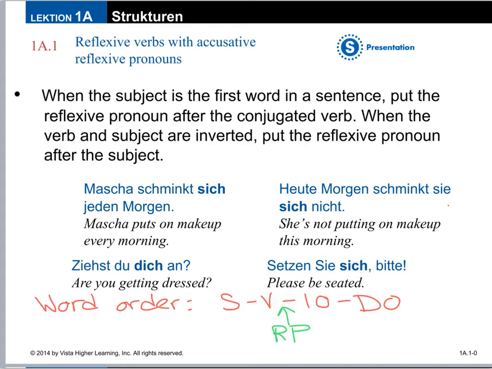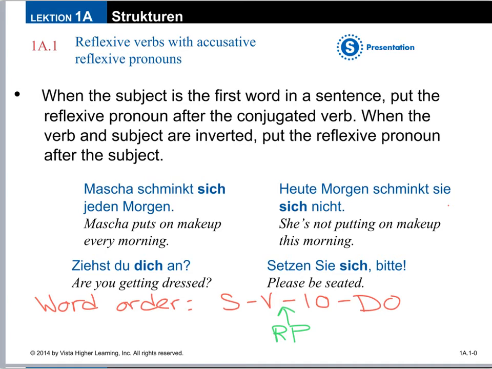Since we're talking about sentence structure, whenever you have these reflexive pronouns, they come directly after the conjugated verb. So typical German sentence structure is subject, verb, indirect object, direct object. For example, ich gebe dir das Buch.